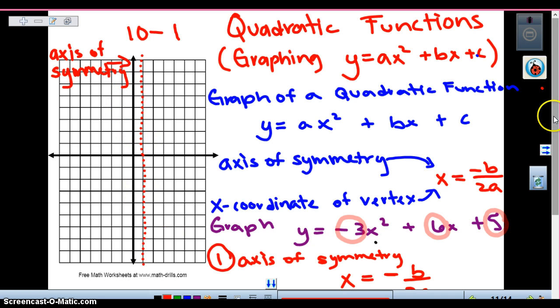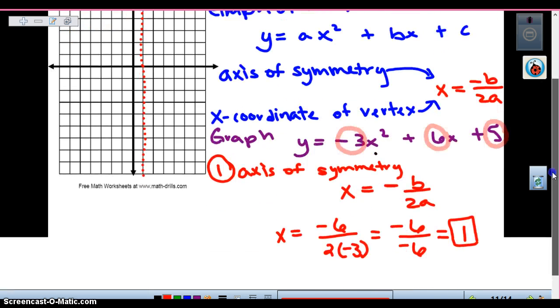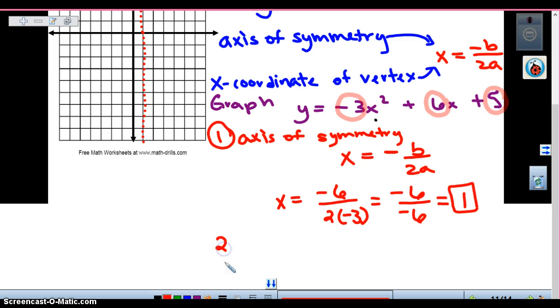Axis of symmetry. Now in my notes I wrote that the x coordinate of the vertex was the same as the axis of symmetry. So step 2 is to find the vertex. We already have the x coordinate, which is 1.